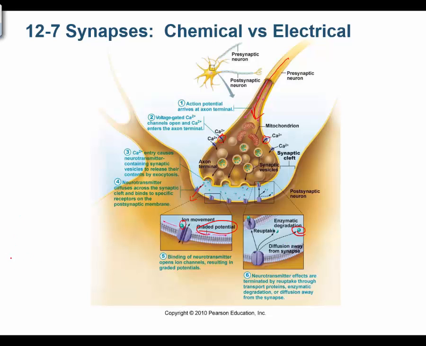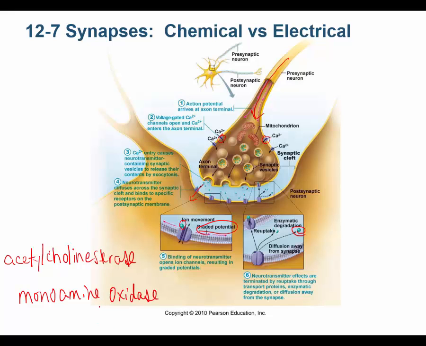Things that end in ASE are enzymes, and an enzyme that breaks down acetylcholine in the synapse is acetylcholinesterase. If the neurotransmitter was epinephrine, an enzyme called monoamine oxidase would break it down. Oxidase, and et cetera, et cetera.